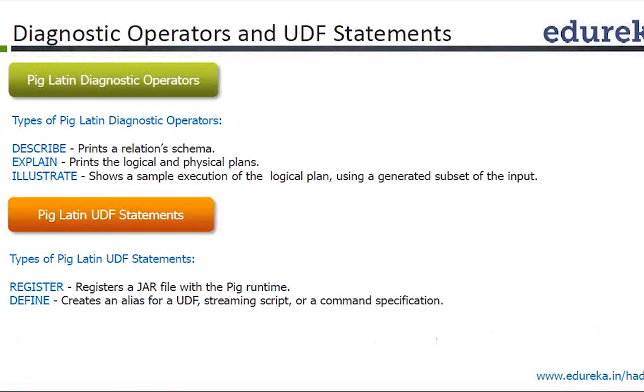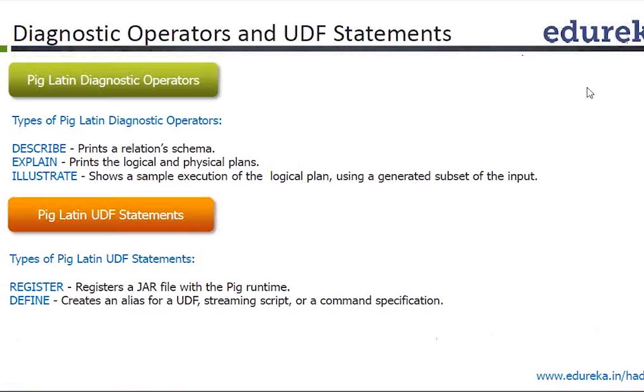So anytime you need some kind of processing that's not available with these operators, people have written user defined functions and contributed them back to the Apache open source community, and that functionality is available for you in a collection of jar files called piggybank.jar. So with every Pig installation you get the latest piggybank.jar, and that will have basically all the user-defined functions that you can use inside Pig. So that's one part which is already done, and you don't need to reinvent the wheel.